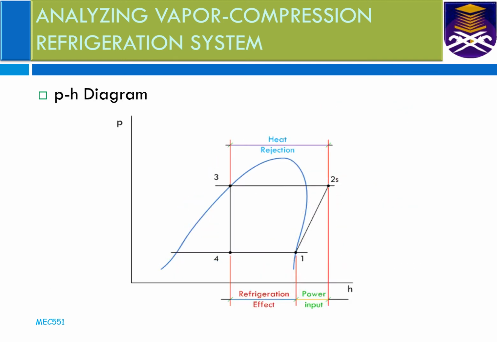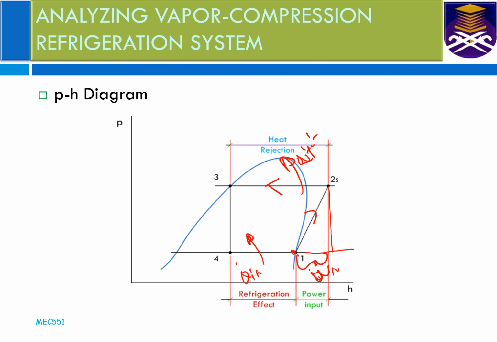This is a pressure enthalpy diagram starting at the saturated vapor. Then 2 to 3 is heat rejection, Q out. This is W in, this is Q out, this is enthalpy, and this is Q in.